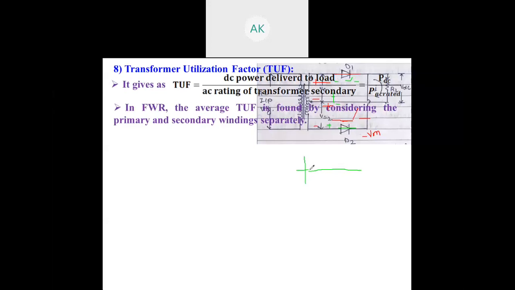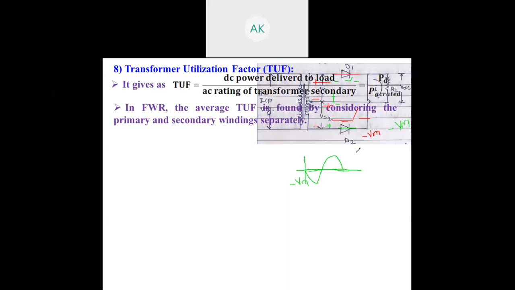This one is our input waveform, the cycle we are considering. How much voltage is available at this point is nothing but this minus Vm value. So you will have minus Vm during the positive half cycle, and during the negative half cycle of the transformer secondary input again minus Vm.